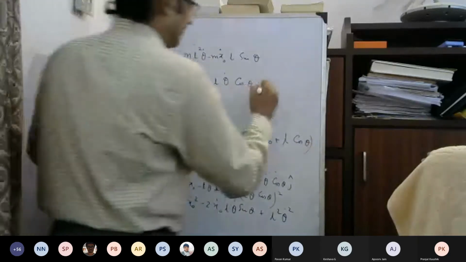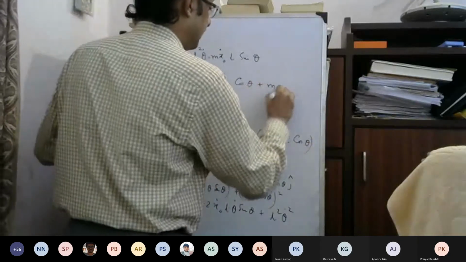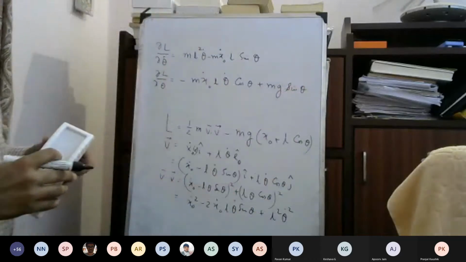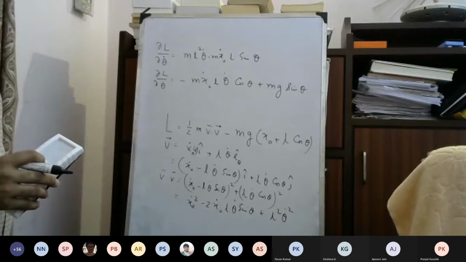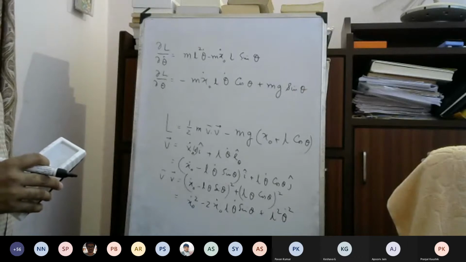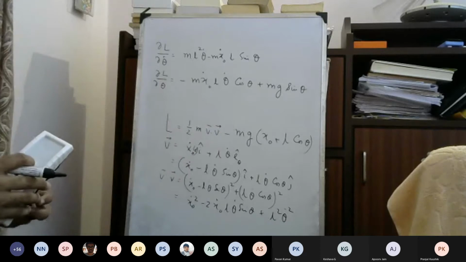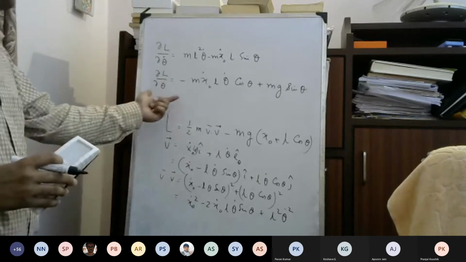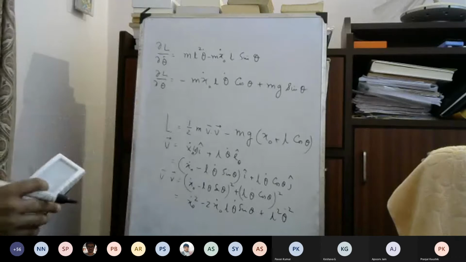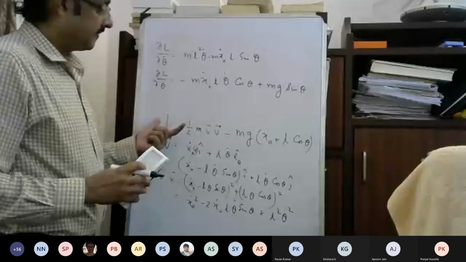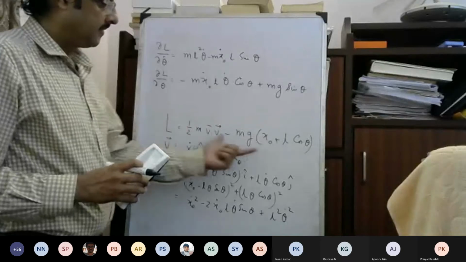So this will be equal to plus m g sine theta, right? Plus m g sine theta. Fine. So this part is clear. Okay?